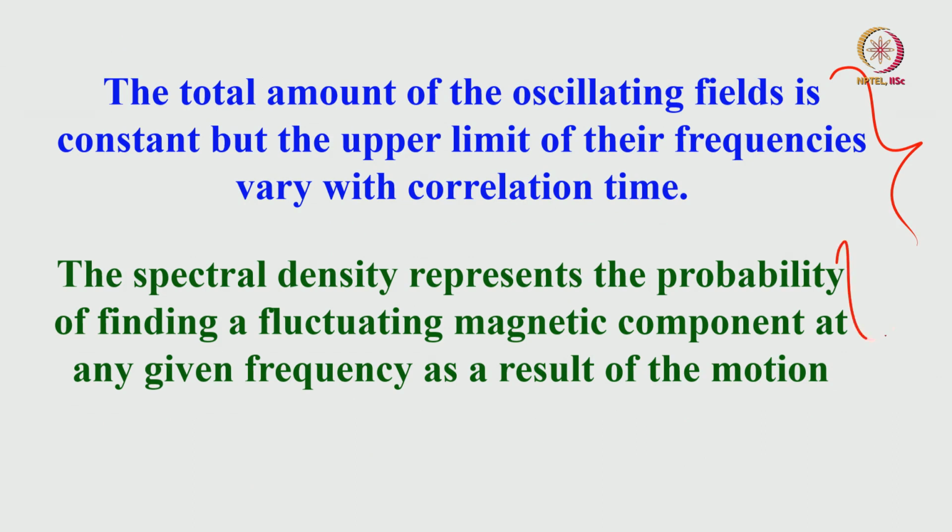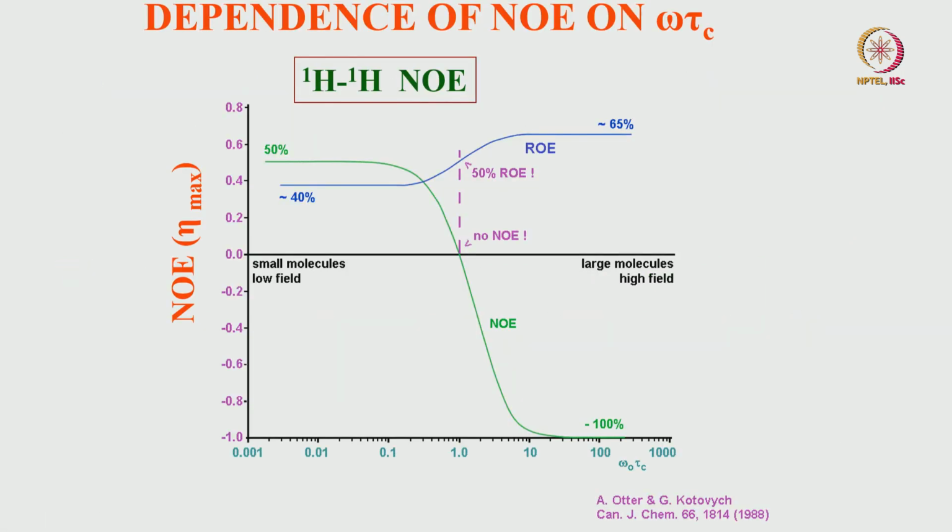The spectral density represents the probability of finding a fluctuating magnetic component at any given frequency as a result of motion. Look at this, what I am trying to say: there is a fluctuating magnetic component of this field that has a frequency, and as a function of the motion, how it is changing, we will come to know here.